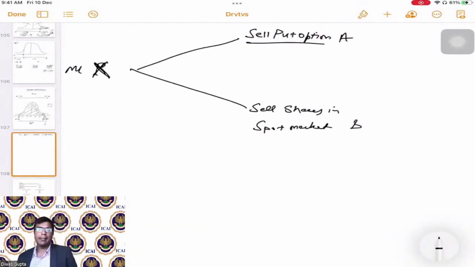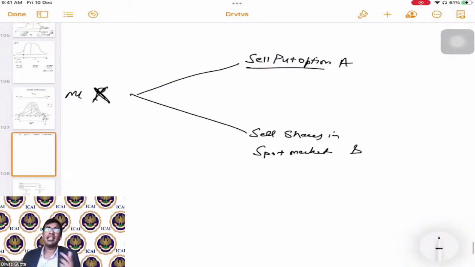Now we can apply the same logic to this formula as well. I'm not going into that deep discussion, but I'm just writing the formula here. First, we are selling a put option. While selling a put option, we are selling the right to sell. If we are selling the right to sell, that means if that right is exercised, something will be sold to us and we have to pay the price for that, correct?